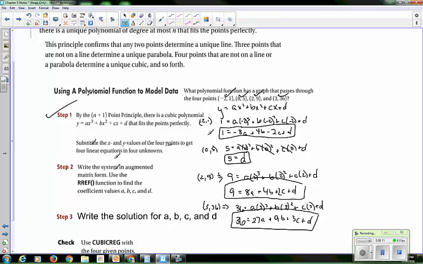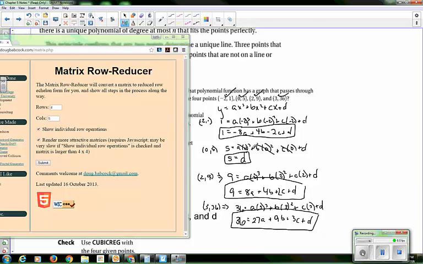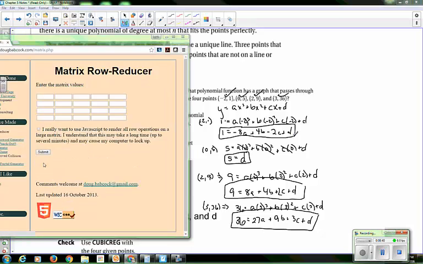Step 2: write the system in augmented matrix form. Use the RREF, or reduced row echelon form, function to find the coefficients a, b, c, and d. Let me show you how to input those. I went to my dougbabcock.com, and I'm going to have 4 rows and 5 columns, so 4 rows, 5 columns, submit.